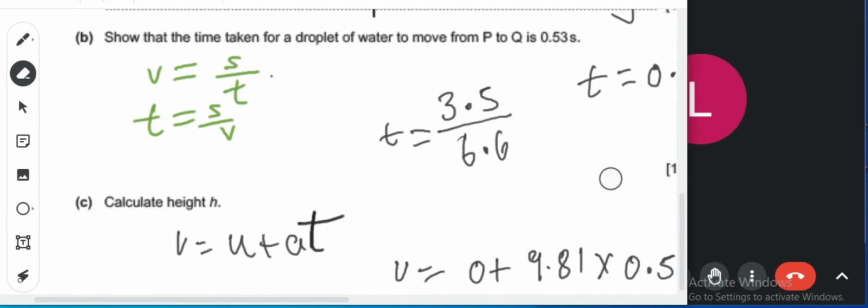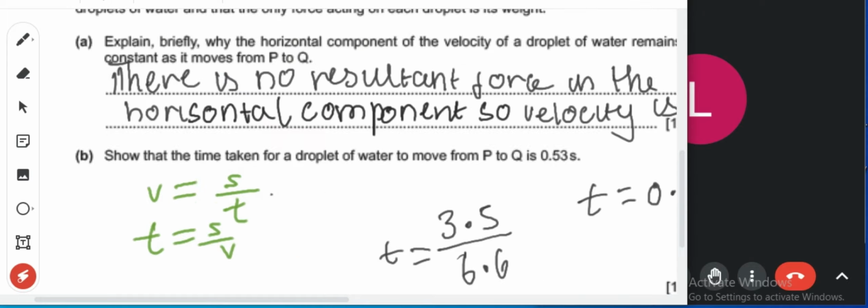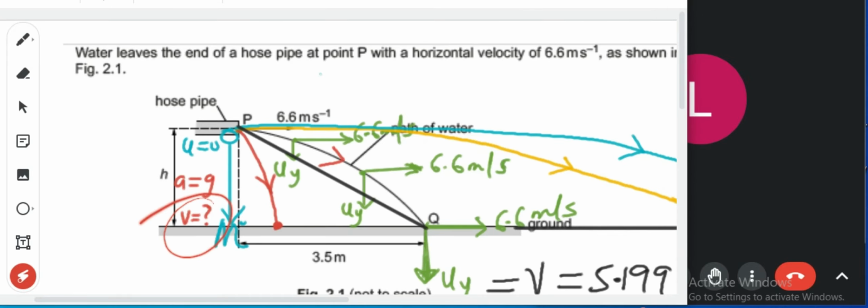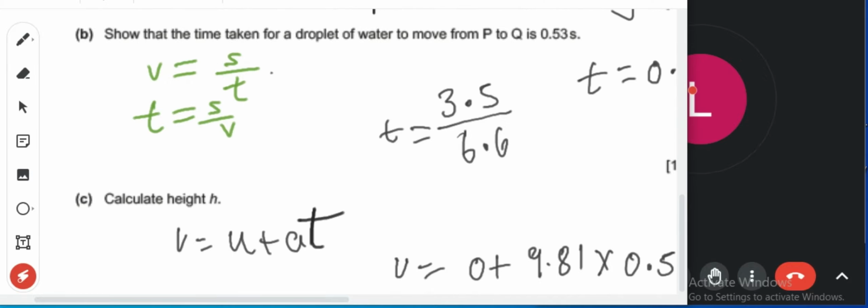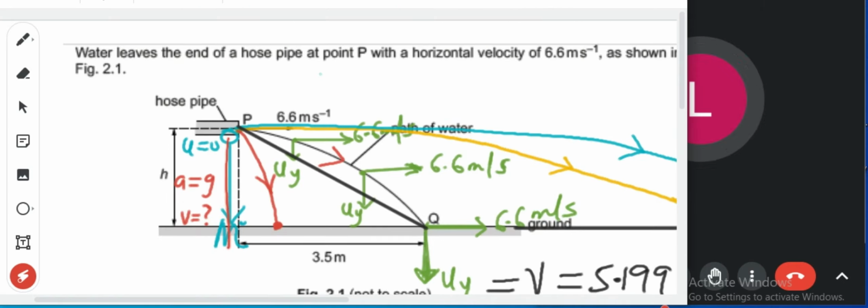So I can see what you did to find the V, that's its final speed here. What you did was you used V is equal to U plus at. V is the final speed just before it hits the ground if it was dropped freely.